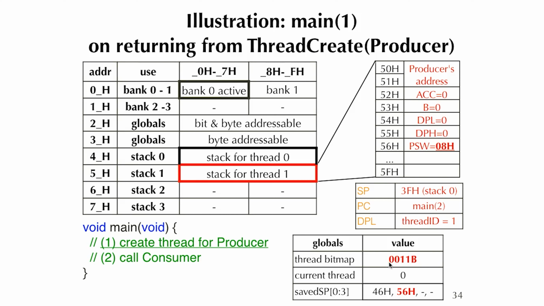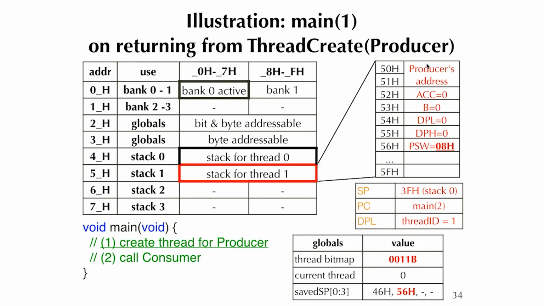So now it becomes 0011, and we know the ID would have to be 1, and that means the stack is starting at 50 hex up to 5F hex. And what we do again is the bottom of the stack would be the address you want to return to.